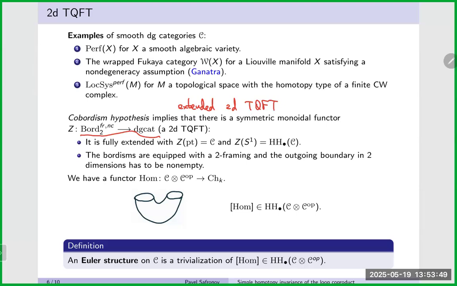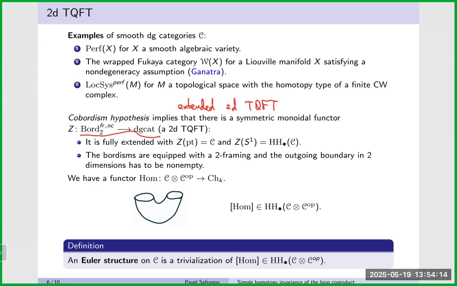And for extended two-dimensional TQFTs, there's a fact which is called the cobordism hypothesis that says that they're uniquely determined by what you assign to the point. So if you specify some algebraic data, which is the value of the TQFT on the point, you can reconstruct the TQFT.